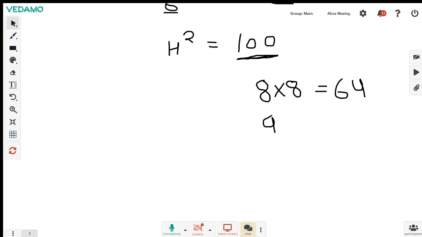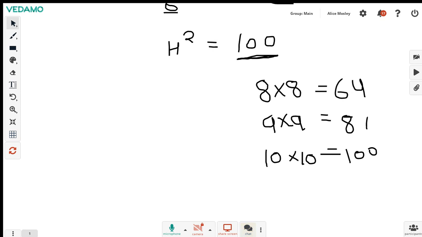When I try 9, I'll get 81. So I'll think of another bigger number. But when I try 10, I know that 10 multiplied by itself will give me 100. So instead of 100, I can also write 10 multiplied by 10, right? So I do that.